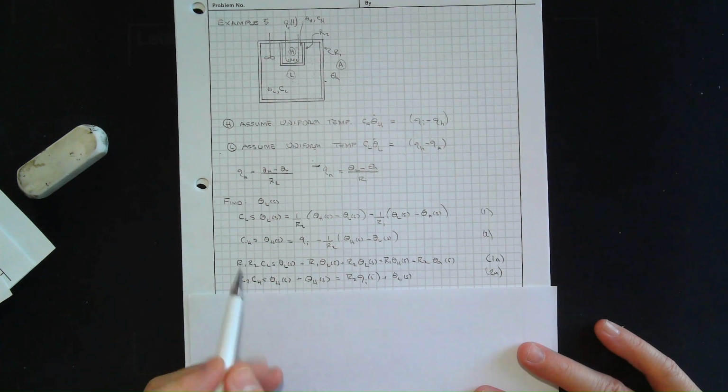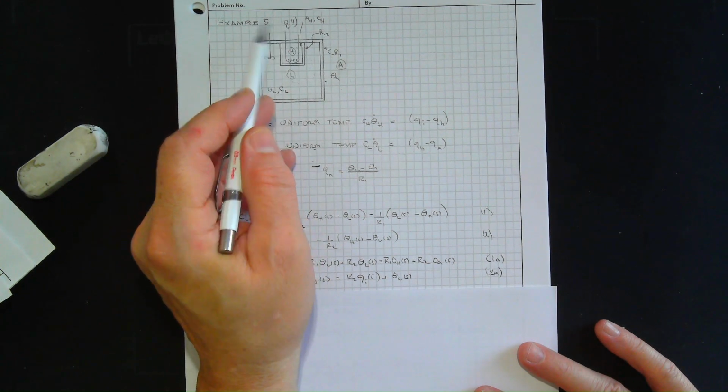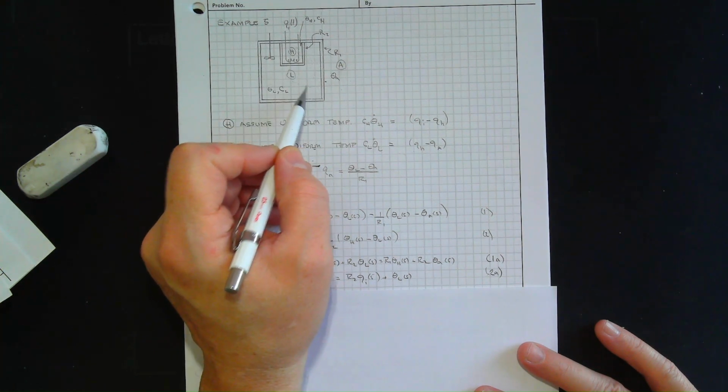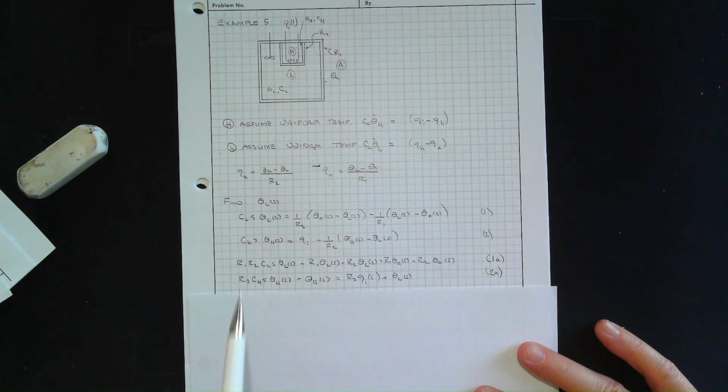And now if I look at this, what would I like to find? I'd like a transfer function that takes me between this supplied heat and the temperature in this vessel. All right, so that's my transfer function. Here's input, temperature here is output. Well, if that's the case, I don't care about theta H. So I can factor this out, bring the R2 CH S plus 1 to the other side, and now I have an expression for theta H. And you may go, so what?